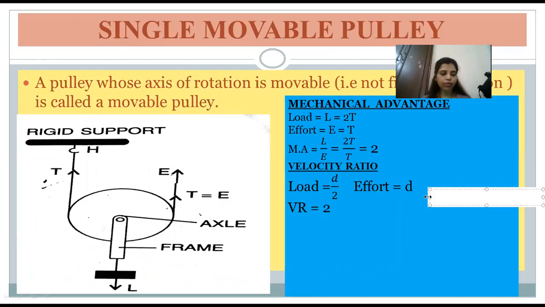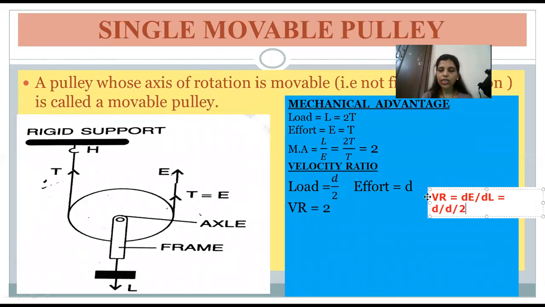The formula of the velocity ratio is dE upon dL, with small e and small l as subscripts. So dE is d over here, as the effort is moved by only one string, but the load is moved with the help of two strings, so it is d by 2, because when it is moving, the two strings are moving to move the load.